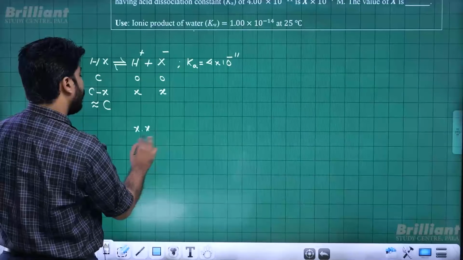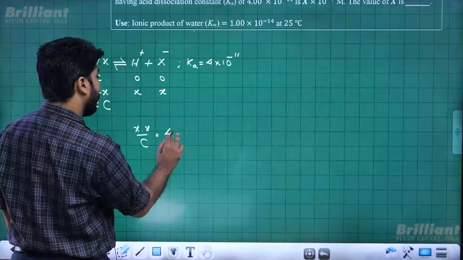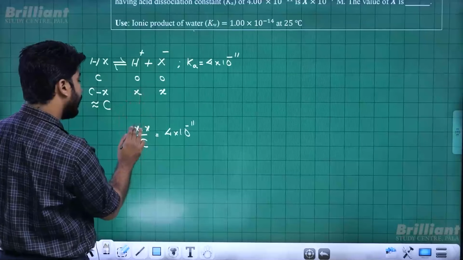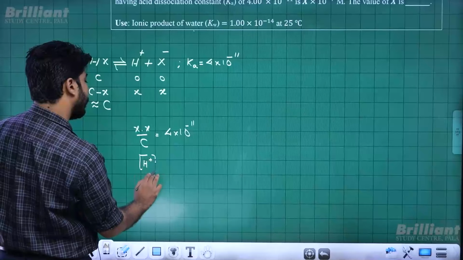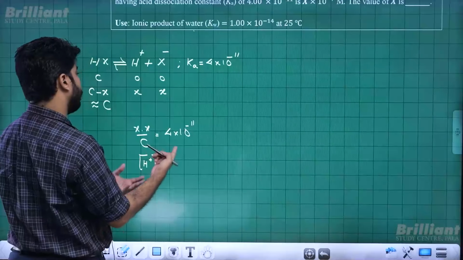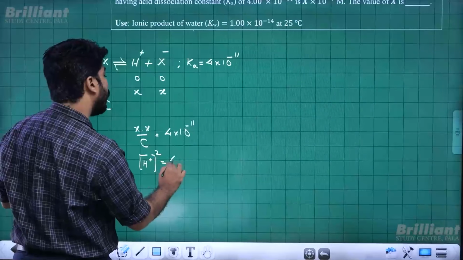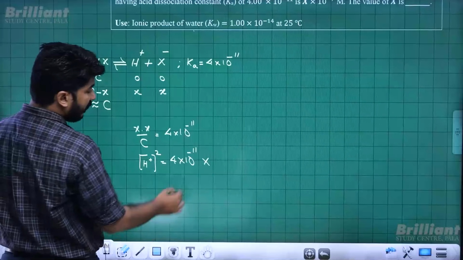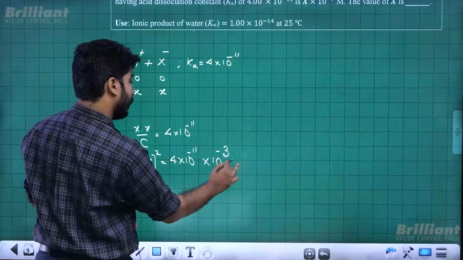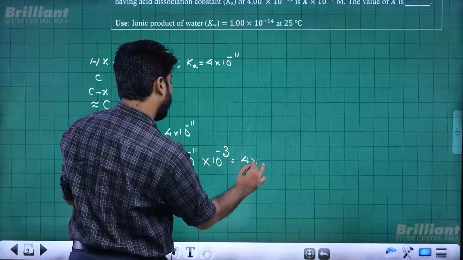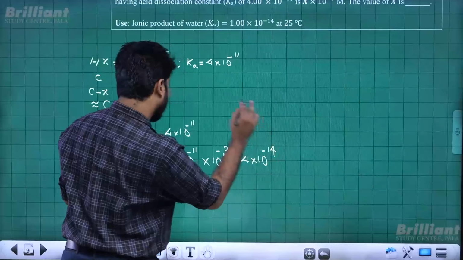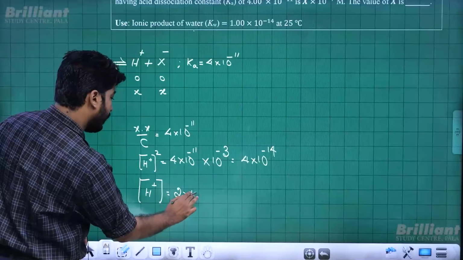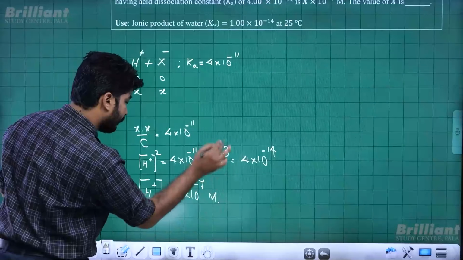So X into X divided by C is going to be Ka, and X is nothing but H plus concentration, right? So H plus concentration square is Ka into C. So 4 into 10 raised to minus 11 times C, which was 10 raised to minus 3, is 4 into 10 raised to minus 14. So H plus concentration is going to be 2 into 10 raised to minus 7 molar.